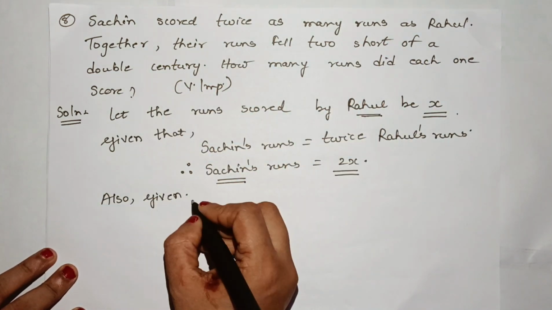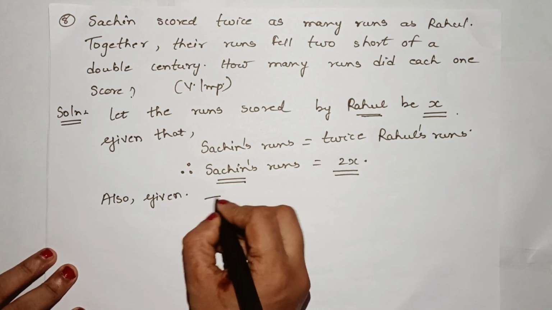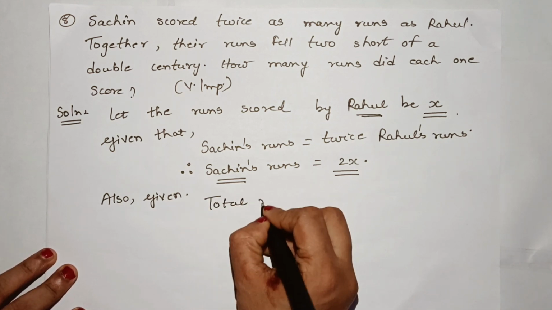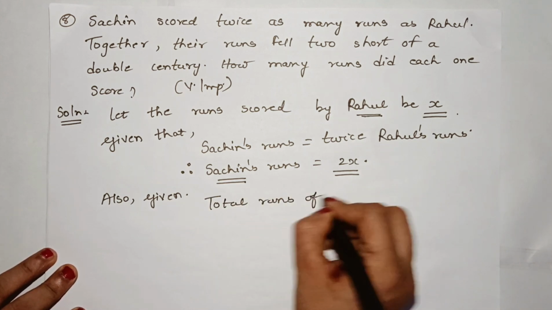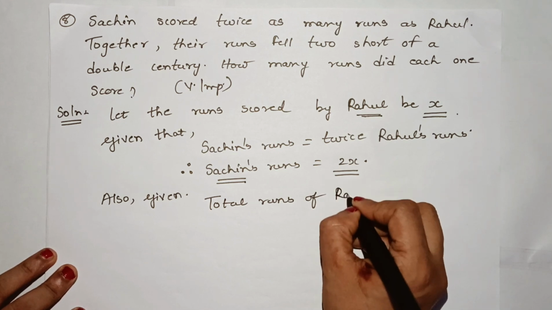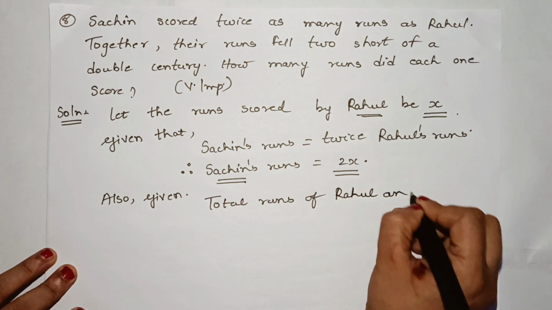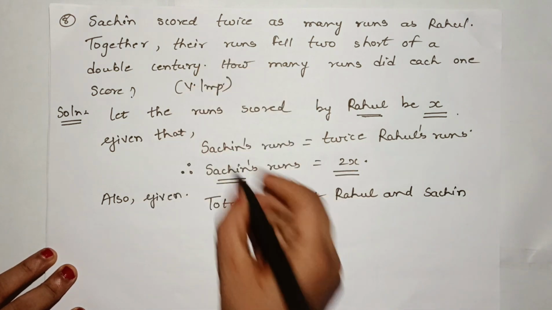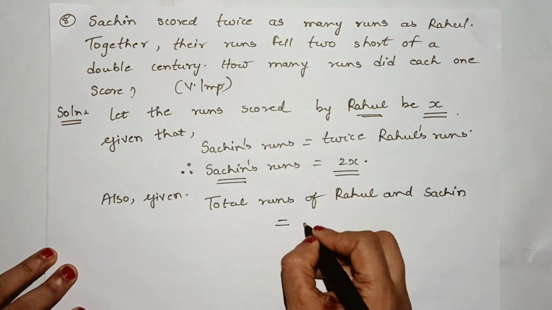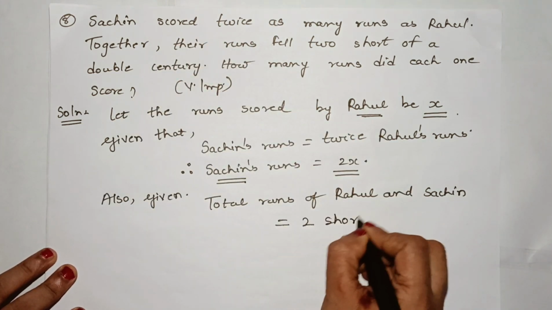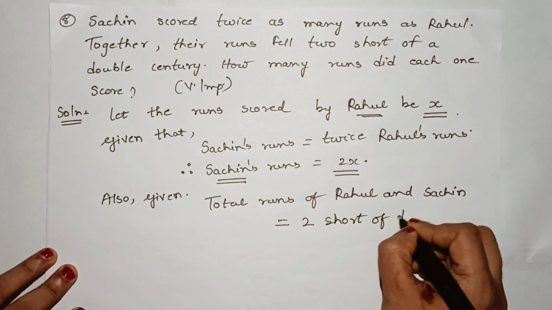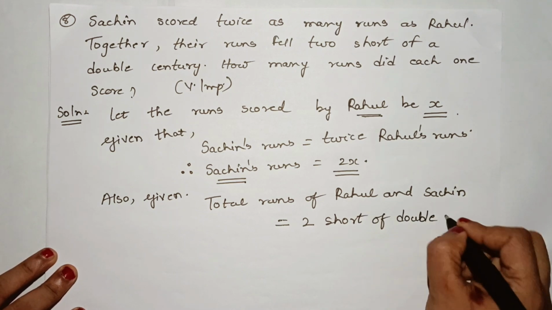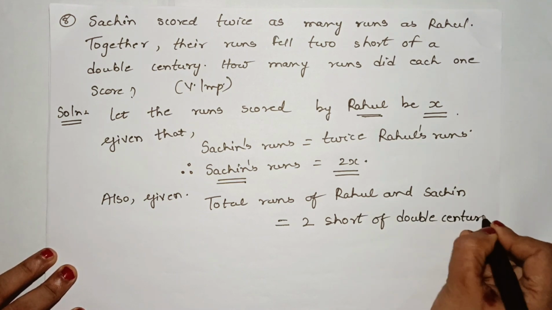So what I'll write? Also given, the total runs of Rahul and Sachin equal 2 short. Short means less than double century.